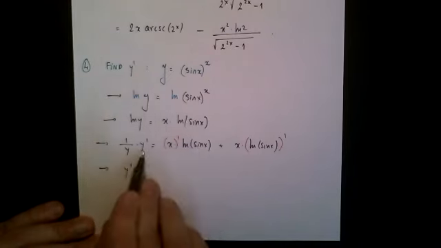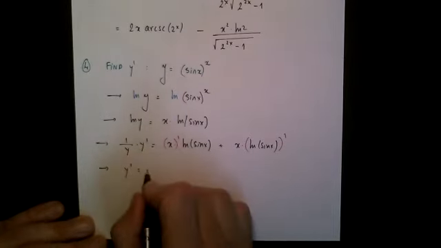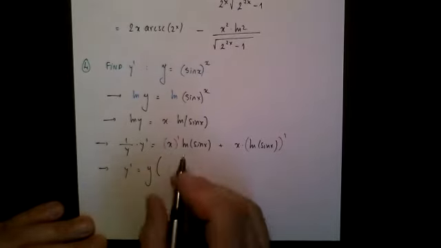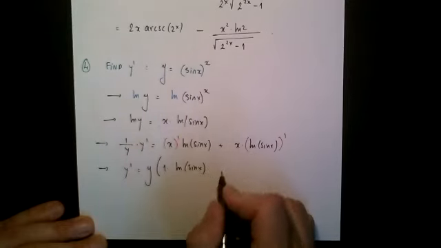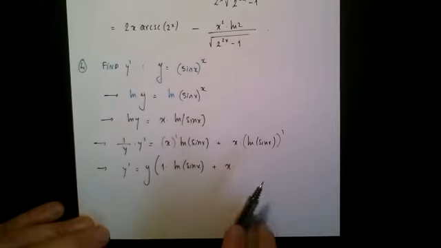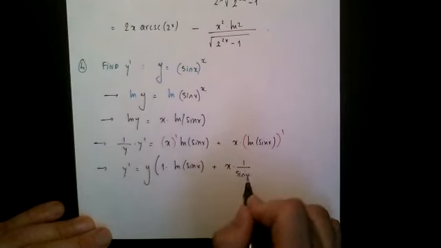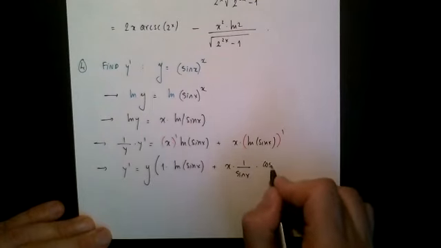Okay, and now I could isolate y prime. So y prime is equal to y times all this. This is 1 times ln of sine x plus x times, and what's the derivative of ln of sine x? It will be 1 over sine times the derivative of sine, which is cos.